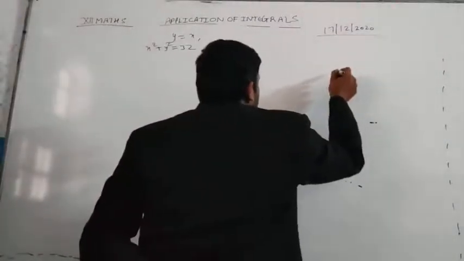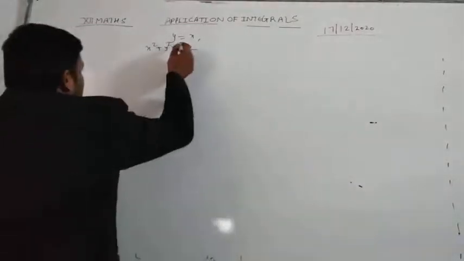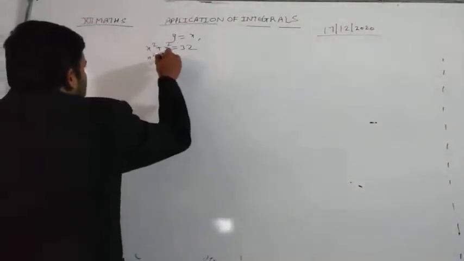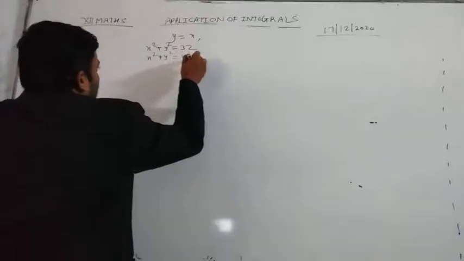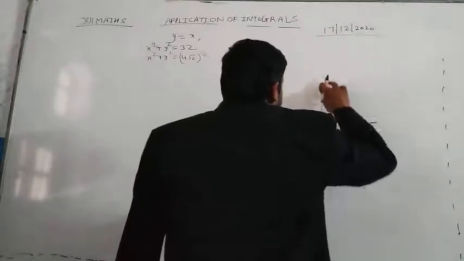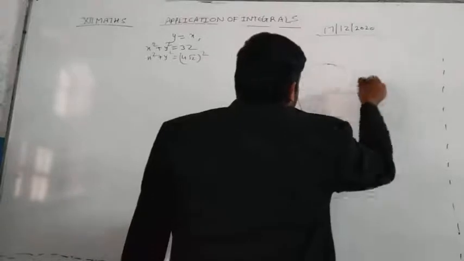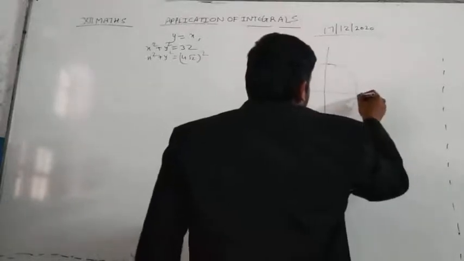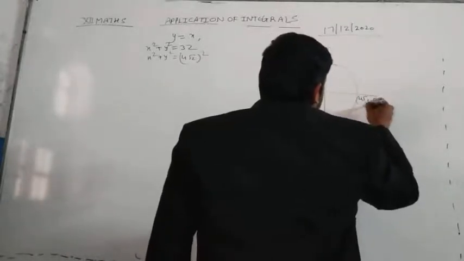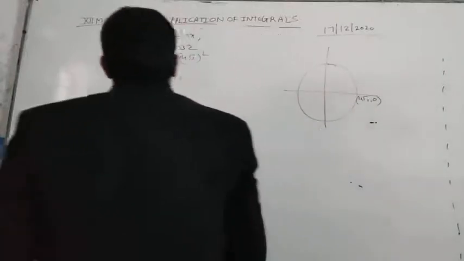So student, we are given that the radius of this is 4 root 2. Okay, so a circle whose radius is 4 root 2, with center at 0.